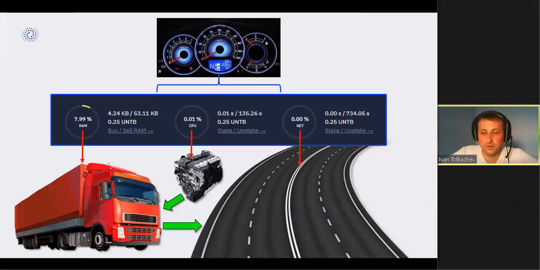Well, here you see the dashboard. I think there are a lot of people with a driving license, and you all know what the dashboard of a car looks like.